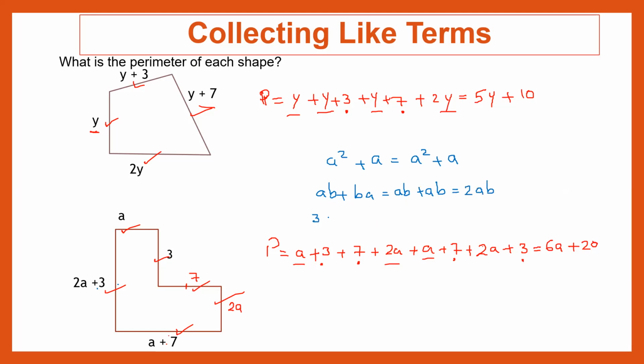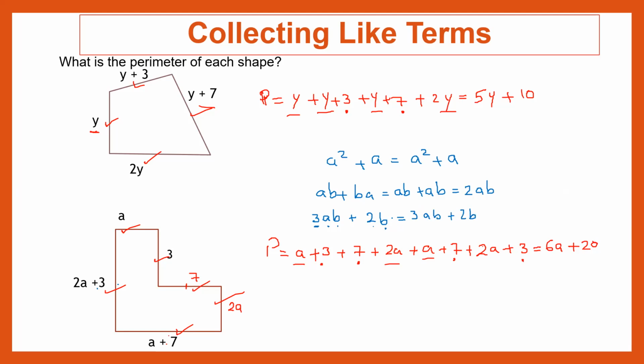If I say 3AB plus 2B, these are not the same because the 3 here is multiplied by two different variables, but 2 here is multiplied by one variable. So this cannot be simplified. It will stay as it is, 3AB plus 2B.